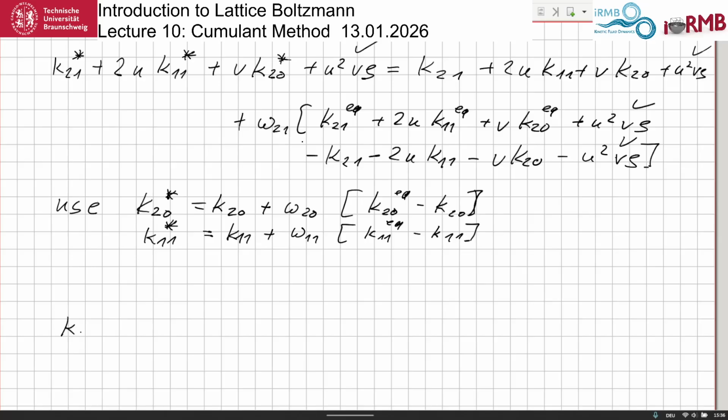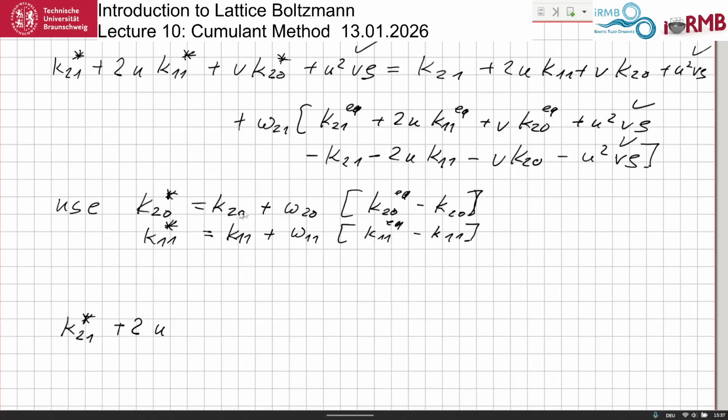So we get K21 after collision plus 2U. Okay, because there's a lot of writing, I'll already cut a few things out. What we observe is that K20 after collision is always something before collision. And this thing before collision we already have on the other side.